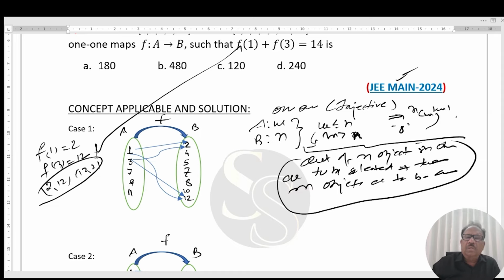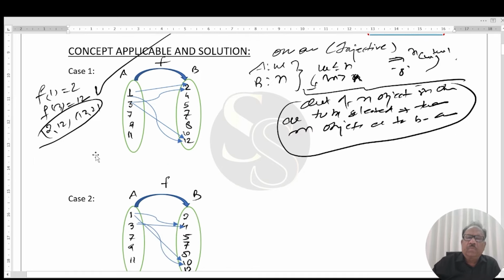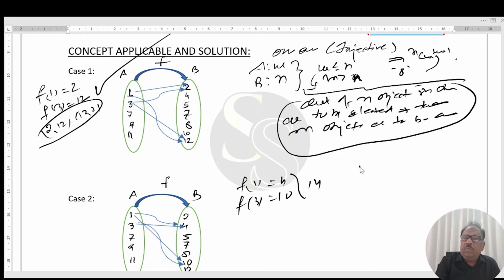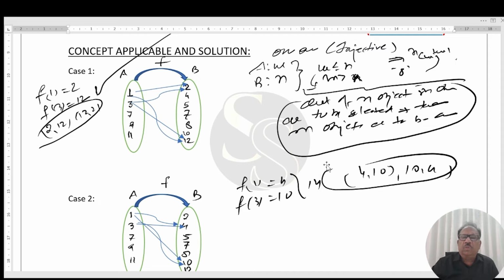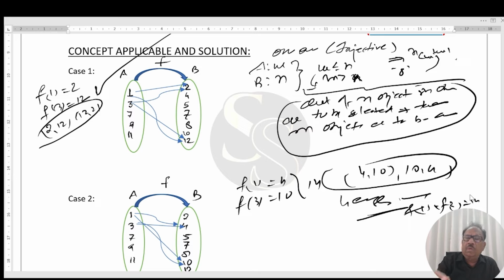Similarly, f(1) 4, f(3) 10. Sum is 14. So 4, 10 or 10, 4. Two cases are this, 2 cases are that, so 4 cases are there to satisfy the condition f(1) plus f(3) equals 14.